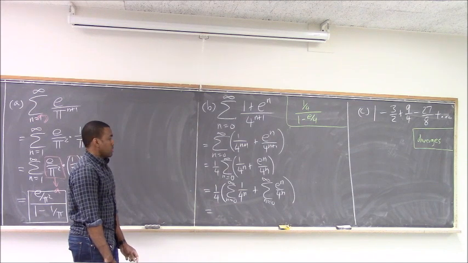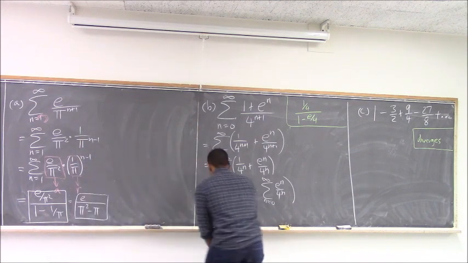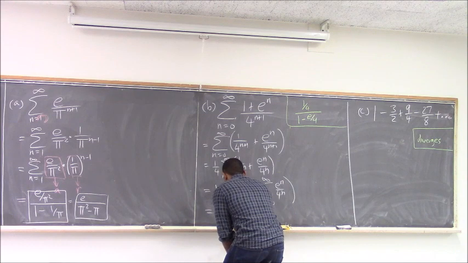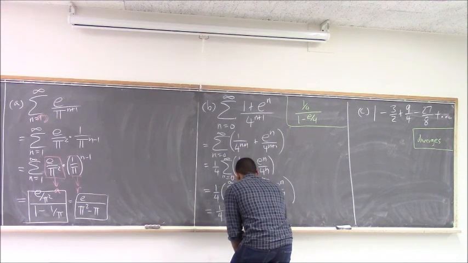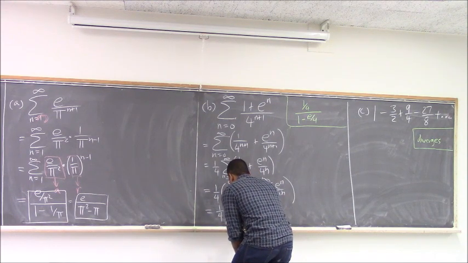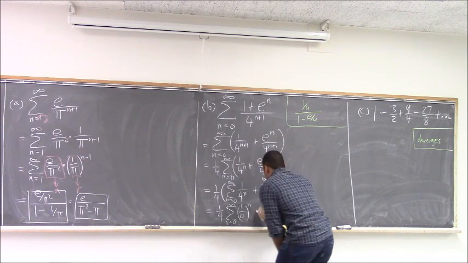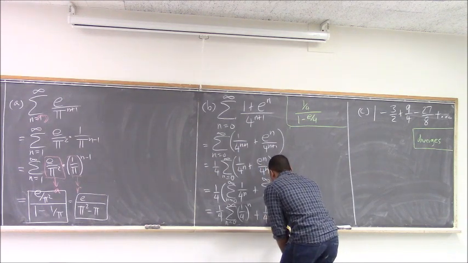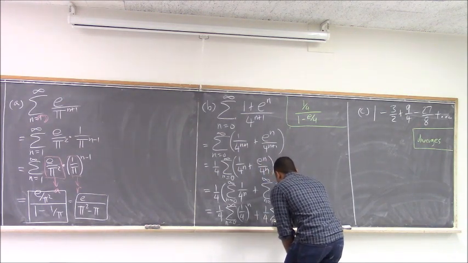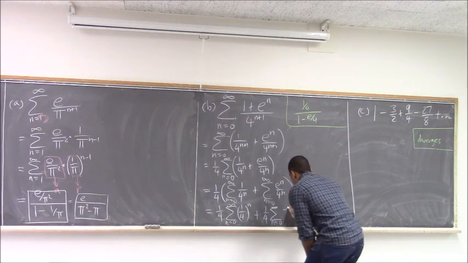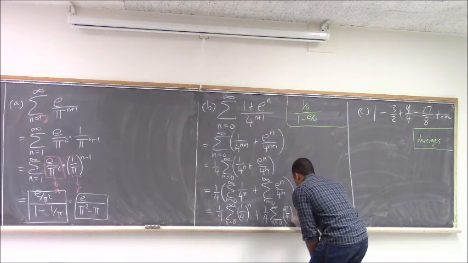That's 1/4 to the n, and then that's e over 4 to the n. So this is 1/4 to the n, and this is e over 4 to the n.